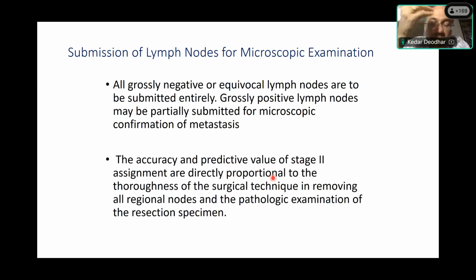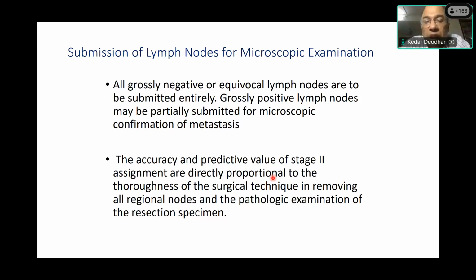So the surgeon has to do a complete, diligent job in removing all the fat around the colon, and the pathologist has to dissect all the nodes very meticulously, because these two are alterable factors. The age of the patient is not an alterable factor.